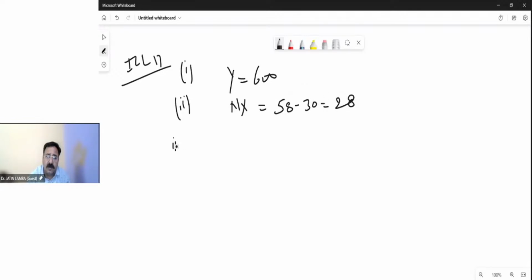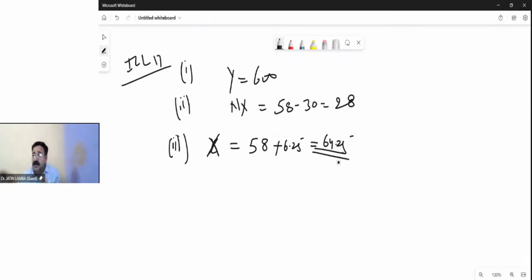Now in the third part, we have been given that export is increased by 6.25. So 58 was the export plus 6.25, it becomes 64.25. Why can we not find the net export directly if export is increased? Because when export has increased, the equilibrium level of income will also increase, right?